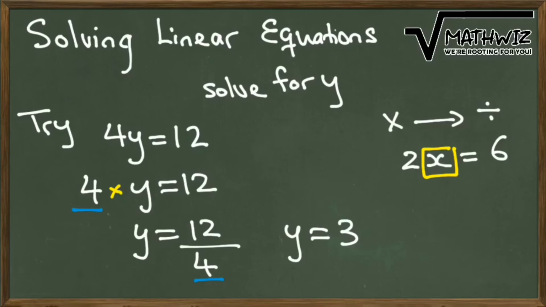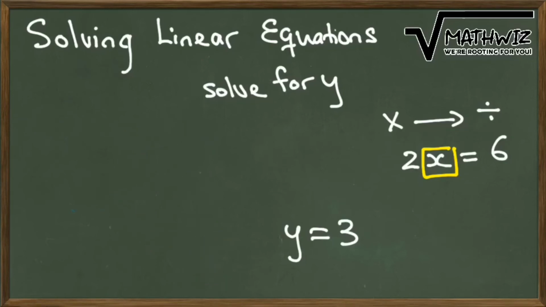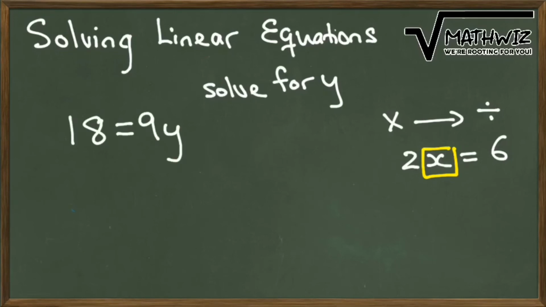So let us look at some more examples, but this time, what if the letter is on the right-hand side? So what if we have 18 is equal to 9y? So it's the same exact procedure. We just want to make sure you're comfortable regardless of how the examiner or your teacher may put it on a test.